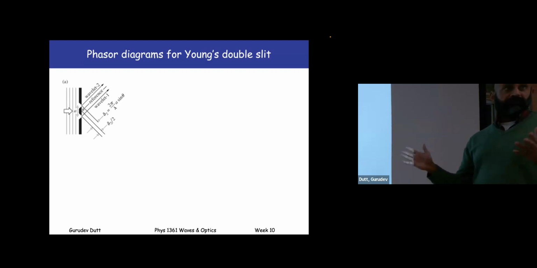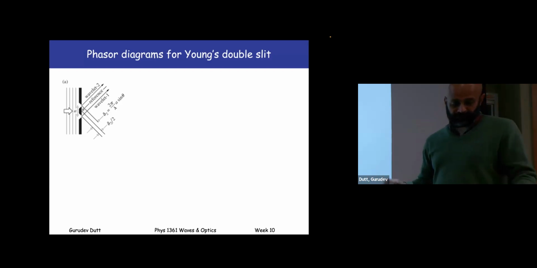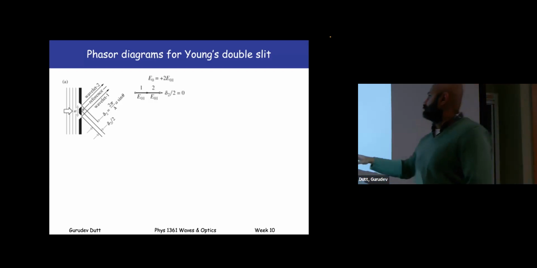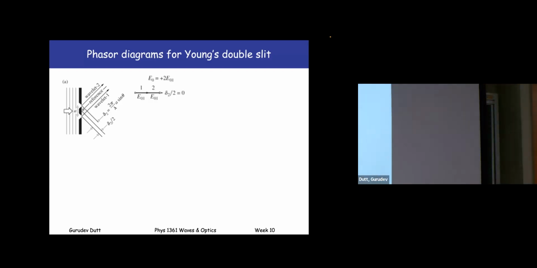So in principle, we could omit the reference phasor. If you want, you can ignore it. But the point is that when we draw the two phasors, the E01 and E01 from slit 1 and slit 2, they both line up when the phase difference is 0.